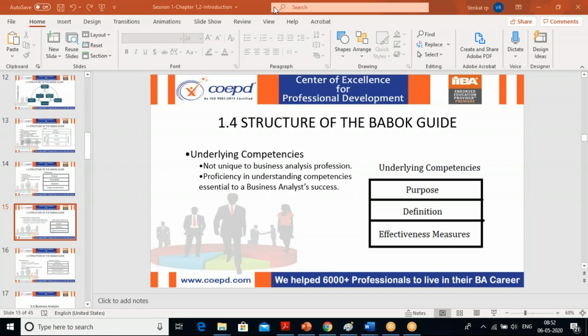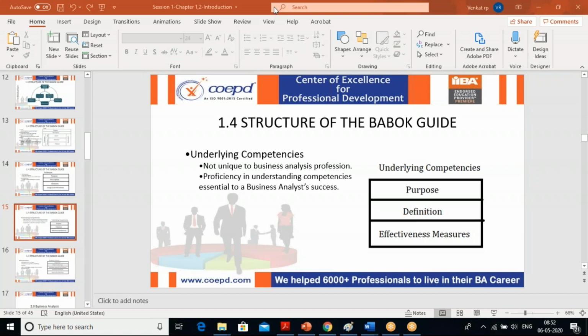That means for each perspective, like if it is the agile perspective, what is the change scope, what is the business analysis scope, what methodologies, approaches and techniques are used, what underlying competencies are used, and what will be the impact on the knowledge areas. For each perspective we will be discussing it. Perspective means the way in which we engage our work, the context in which we have to work.